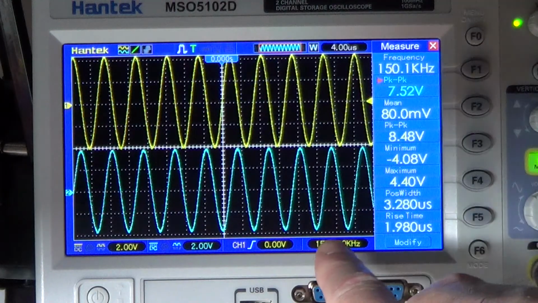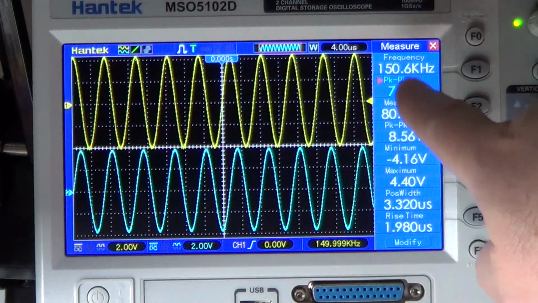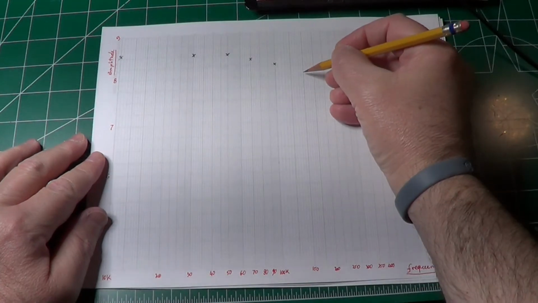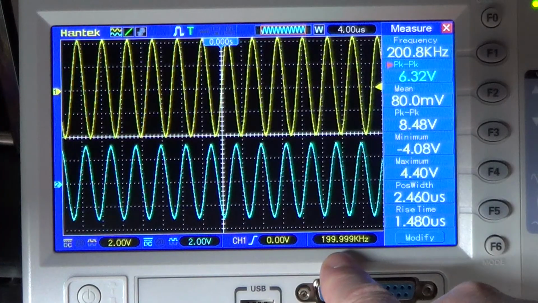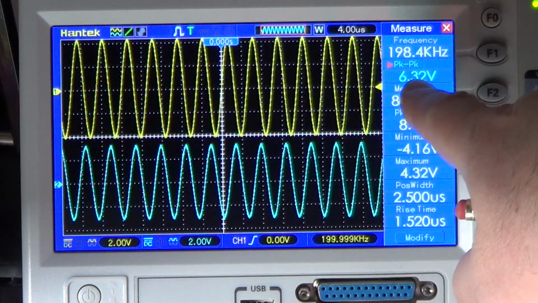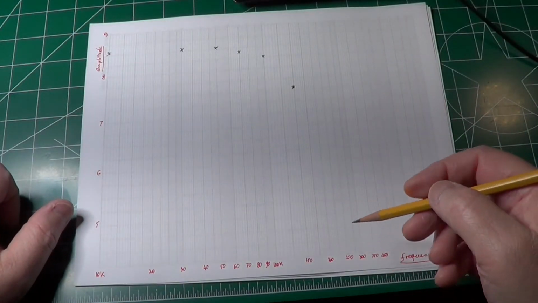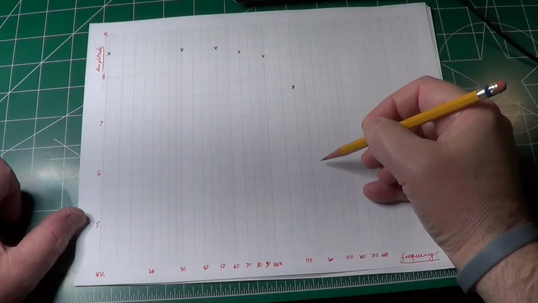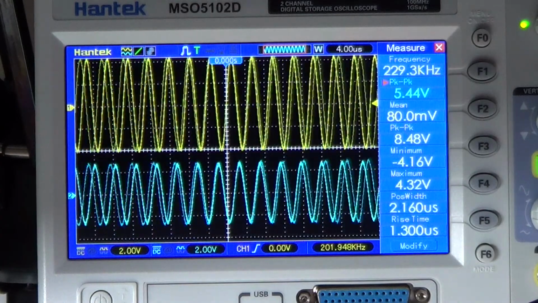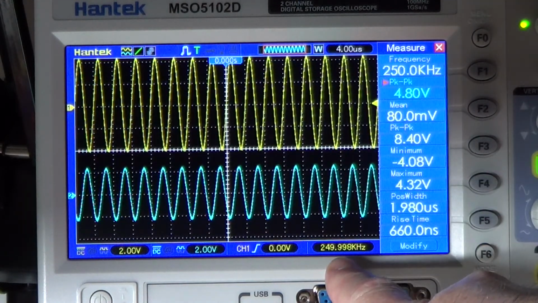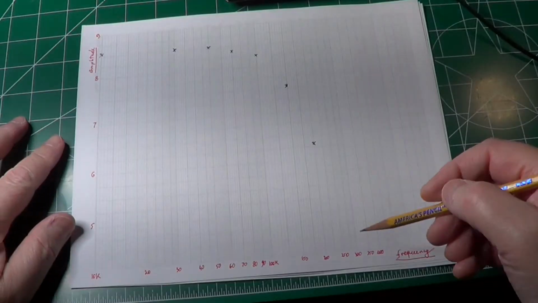The sixth pair, 150 kHz and 7.52 volts. The seventh pair at 200 kHz and 6.32 volts. And finally the eighth pair at 250 kHz and 4.80 volts.